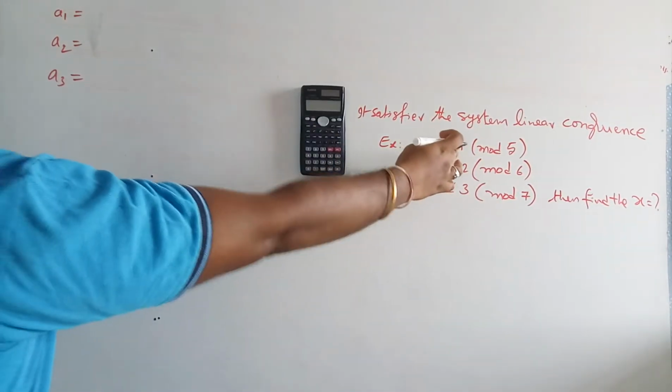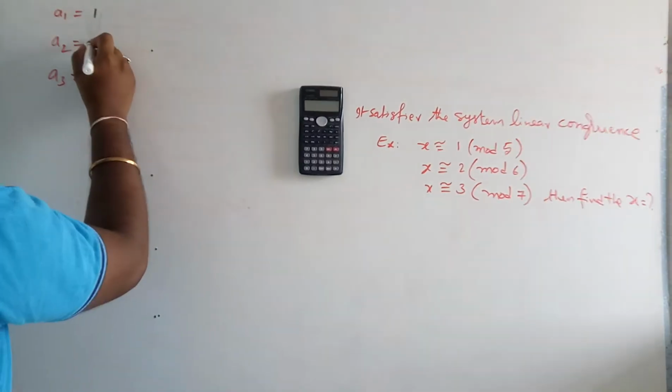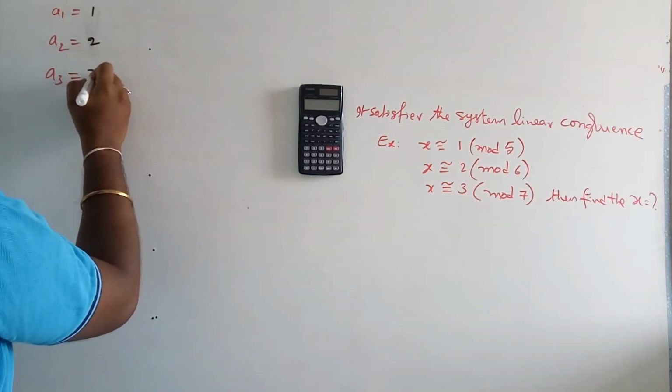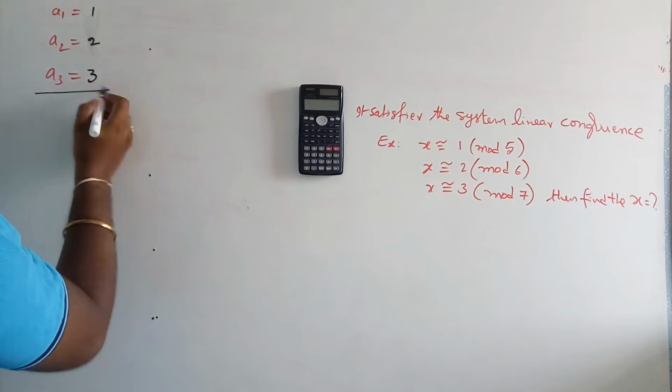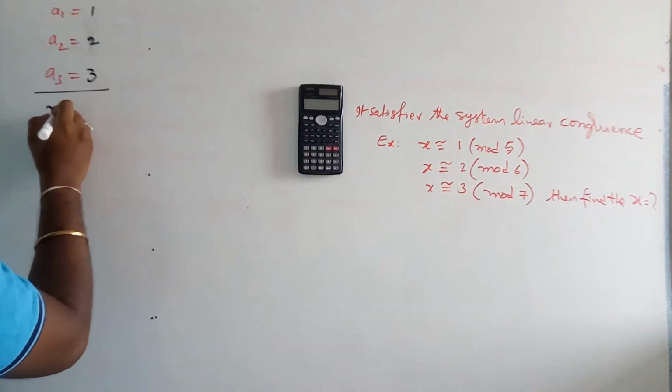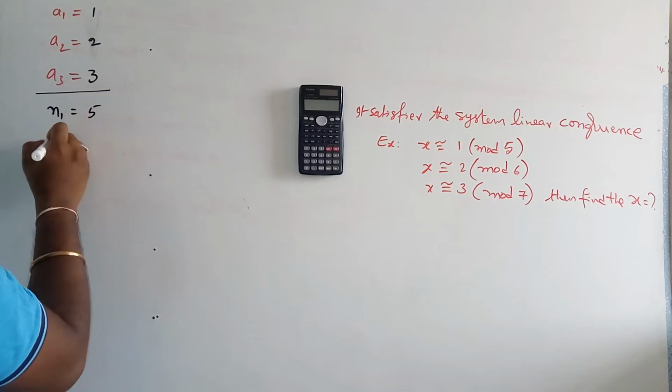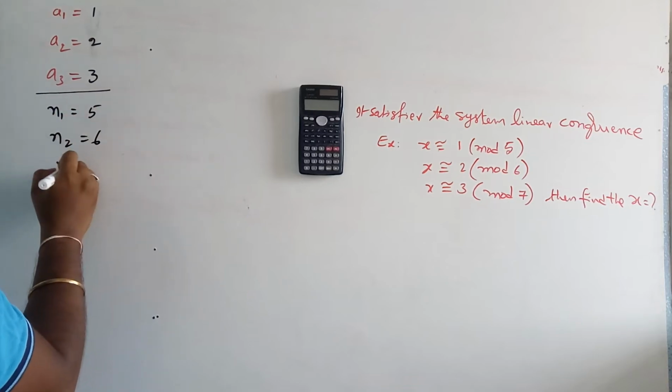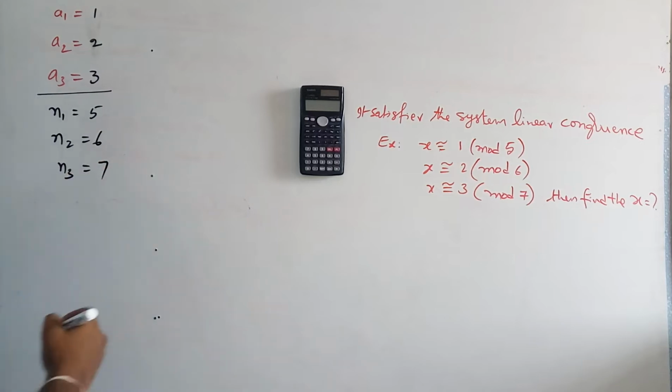A1 is equal to 1, A2 is equal to 2, A3 is equal to 3. Next, these are N1, N2, N3. N1 is equal to 5, N2 is equal to 6, N3 is equal to 7.